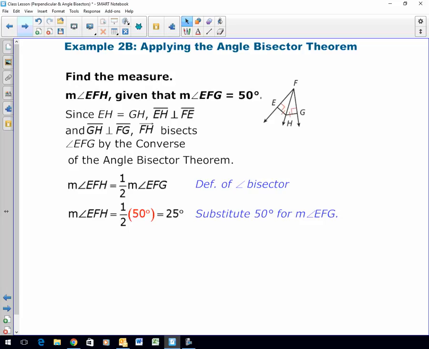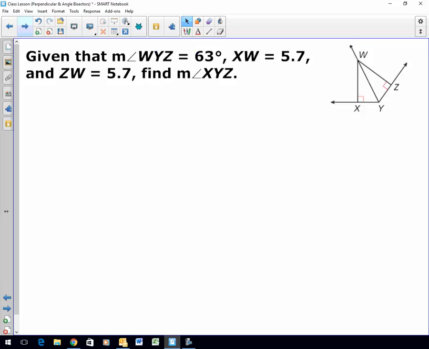Find the measure of EFH if EFG is 50. This is the definition of angle bisector. What does an angle bisector do to an angle? So what's half of 50? 25. Right on. Okay. All right.